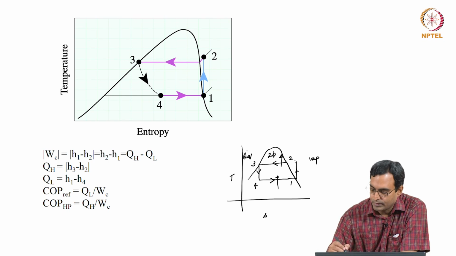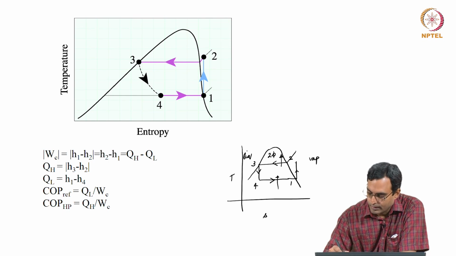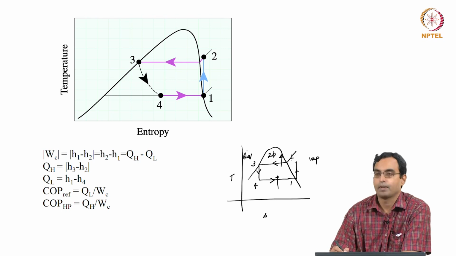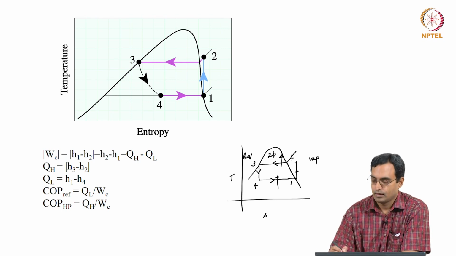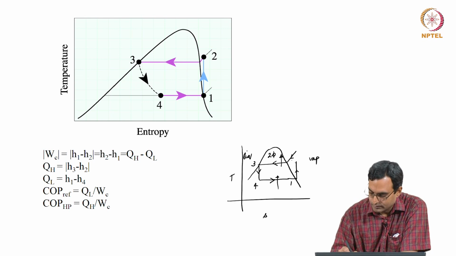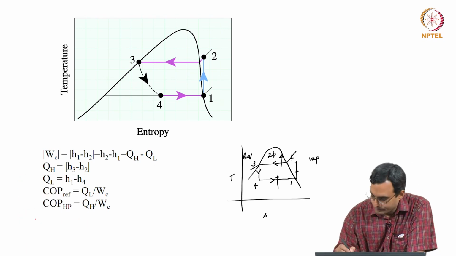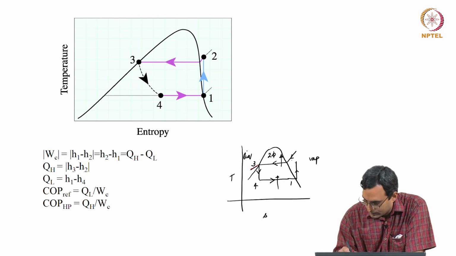So what is feasible is to make the heat rejection process, which is essentially this portion as well as this portion, at the same pressure. So we can draw this isobar, which is essentially this line.